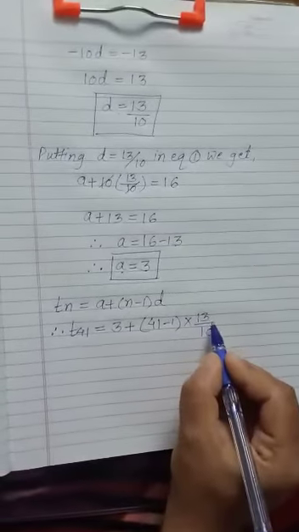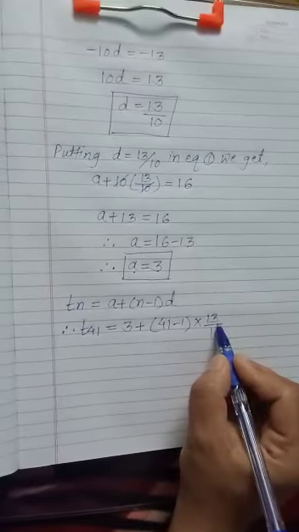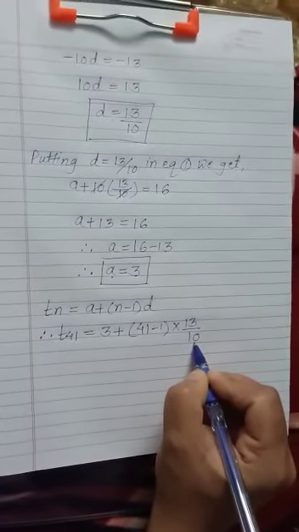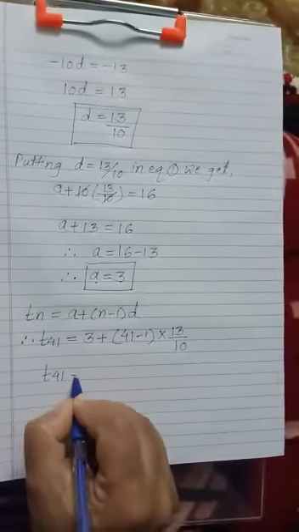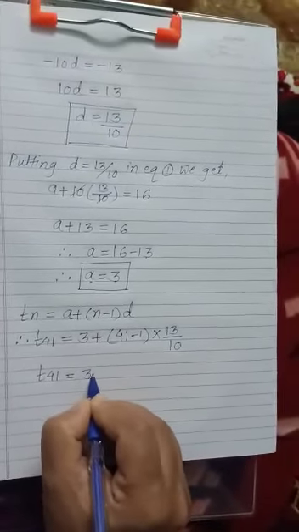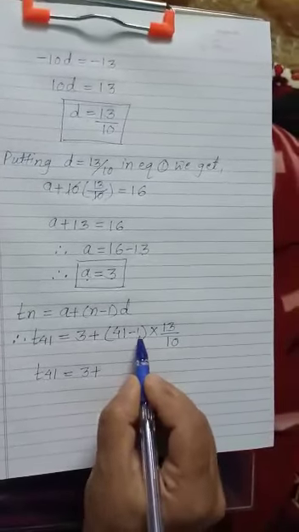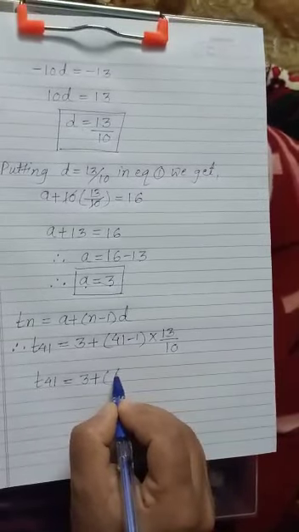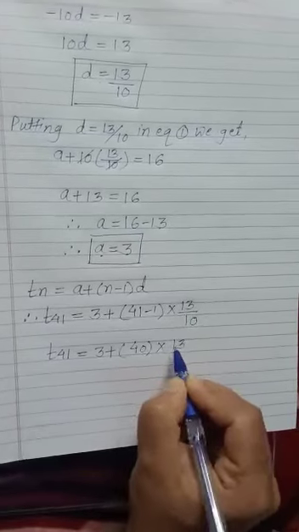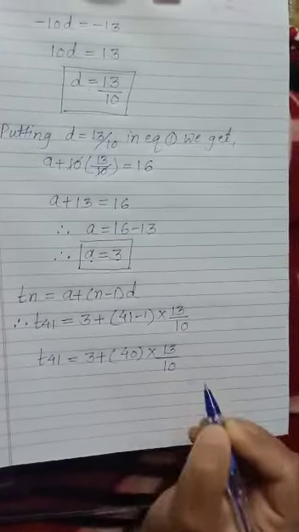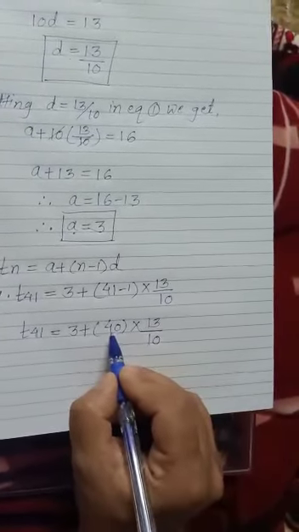Now you can write 1.3 instead of 13 divided by 10. So T41 is equal to 3 plus, what is 41 minus 1? It is 40. So 40 multiplied by 13 divided by 10. See, again we can divide this 40 by 10.